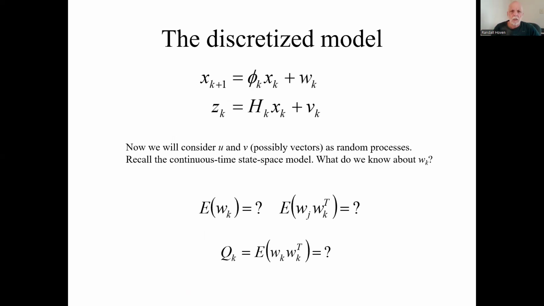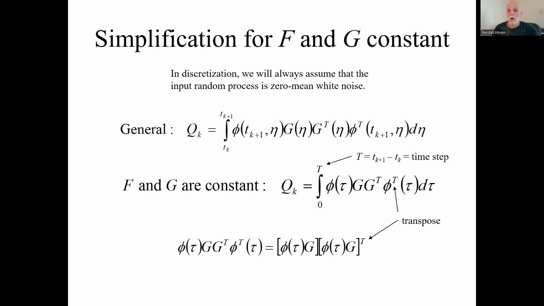So, take my word for it, this guy here is 0 if J is not equal to K. So our mean is going to be 0, this guy's going to be 0, and we have a formula for this guy, if we assume the U in the continuous time model, which is the input, is unity white noise.